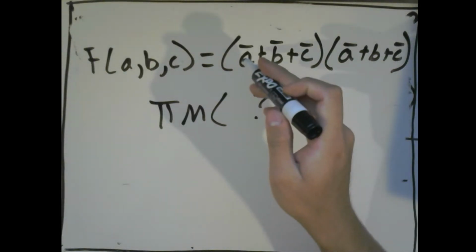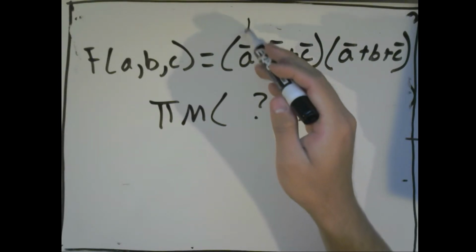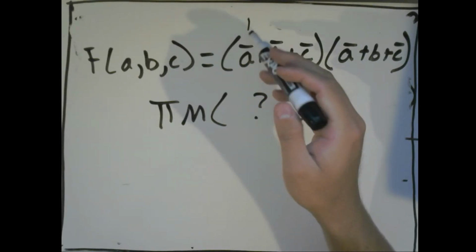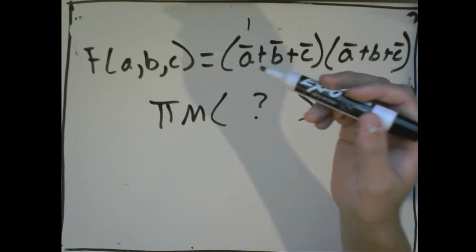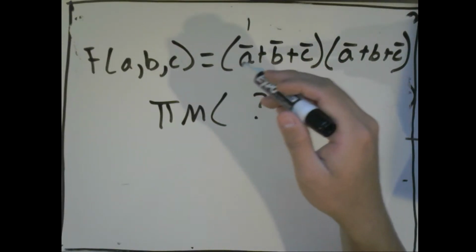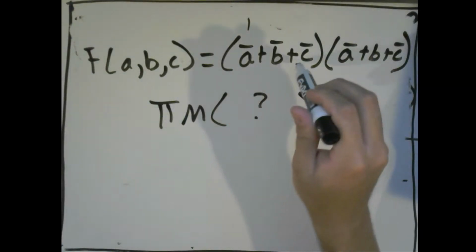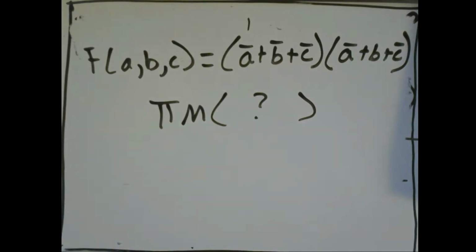So let's look at this. If A is equal to 1, the inverse of 1 is 0, and then you would get 0, and that wouldn't do anything. With these OR terms, we can remember that anything ORed with a 1 is always going to equal 1. So what we want is for the result of all these ORs and inverts to be equal to 0.